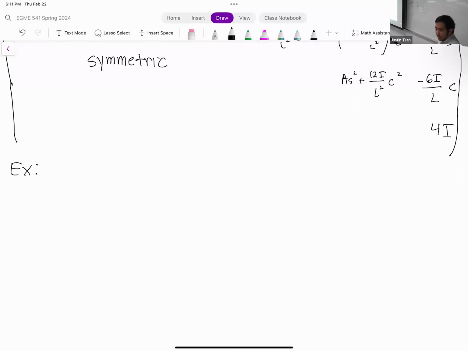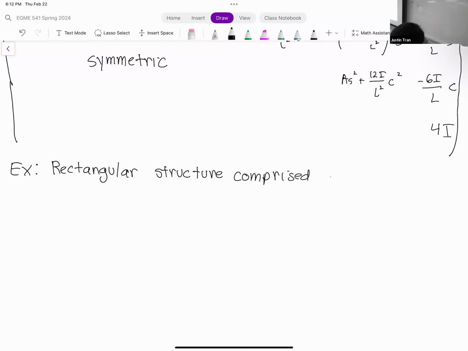Okay, so for this example, let's consider a square or rectangular structure. We have a rectangular structure comprised of frame elements.